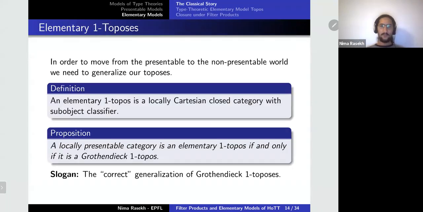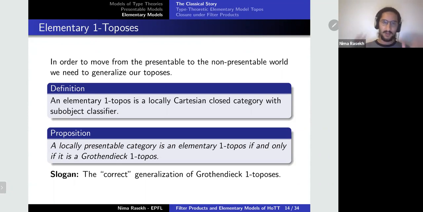Okay, so before I move on to this filter product business, let me say a word about elementary toposes. As a matter of fact, for this talk, the precise definition of elementary topos is completely irrelevant. If you know what locally cartesian closed with subobject classifier means, then good.